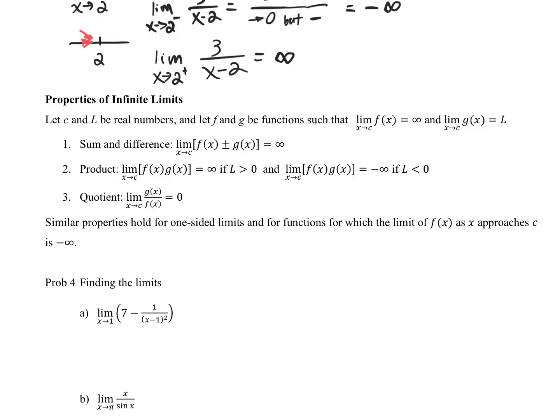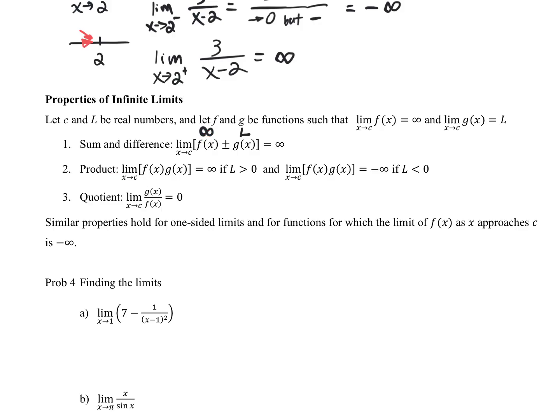This is pretty intuitive because f is approaching infinity and g is approaching L. Infinity definitely dominates this result, so the result will be the limit of f of x, which is infinity.